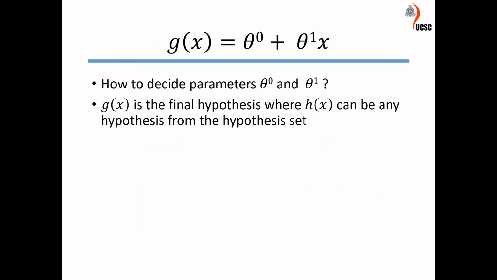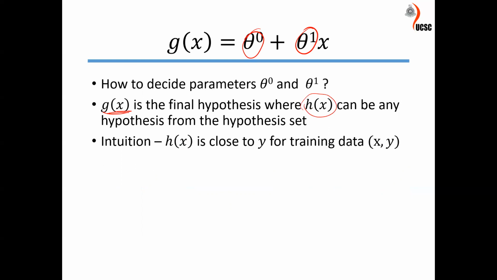So how are we going to decide this theta naught and theta 1? Suppose we have a final hypothesis, which we call g(x). h(x) is just one instance of our hypothesis set. Our basic intuition is to make this h(x), one instance of our hypothesis, closer to our y in our training data. y is the expected salary.